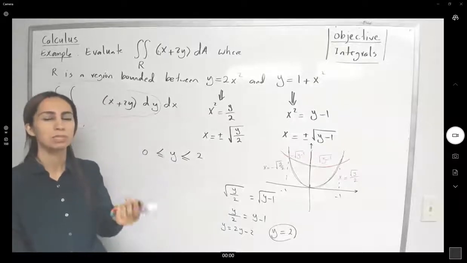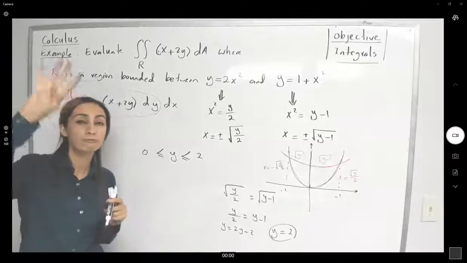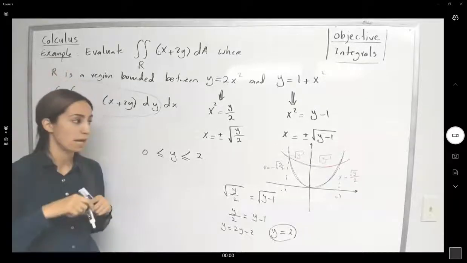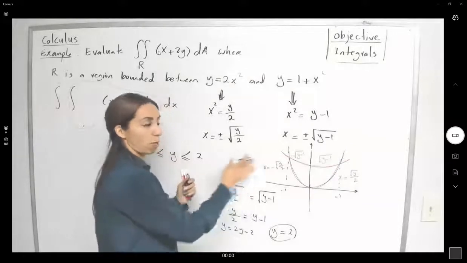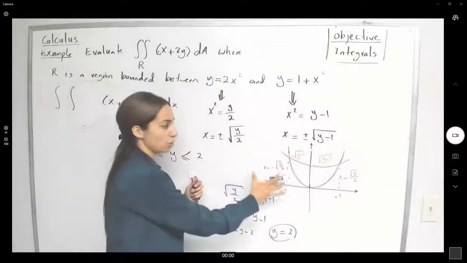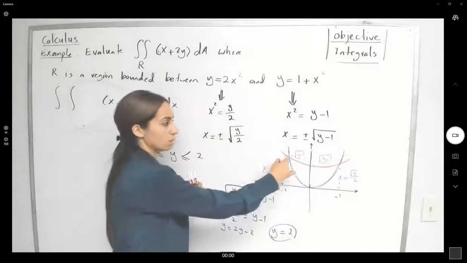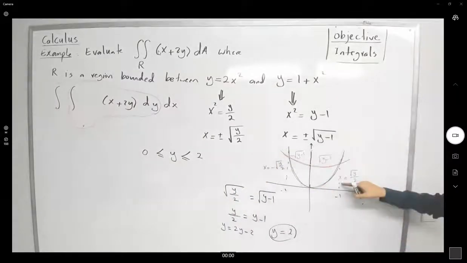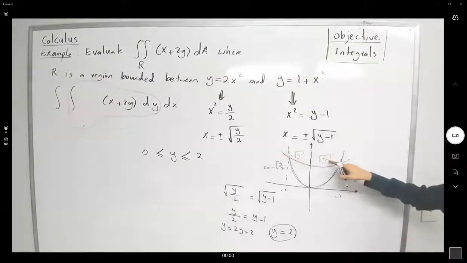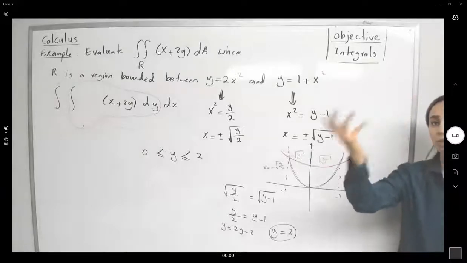X is bounded between which functions? You have 4 functions to work with. And remember that you are moving from left to right. So the minimum value, is it this guy or is it this guy? The maximum value, is it this function or is it this function? You have 4 different functions to work with. What's the meaning of that?